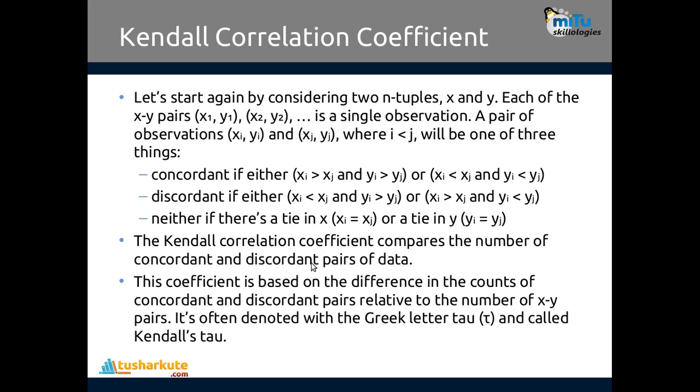Kendall's correlation coefficient compares the number of concordant and discordant pairs of data. Getting this? The number of concordant and discordant pairs of data. So one observation with another, again one observation with another.